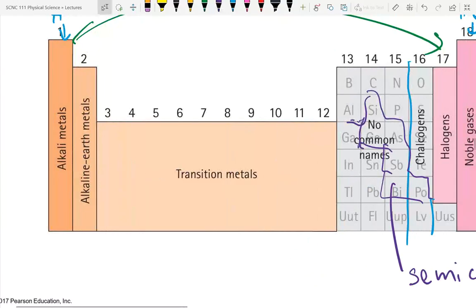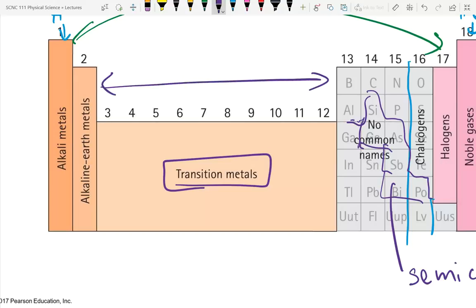And then we have these here, transition metals. Why transition? Well, because they're between the alkali earth metals and the block that starts with boron. They're the additional group. So that's why they're transitioning here. Why metals?